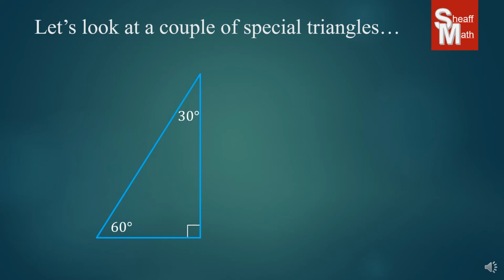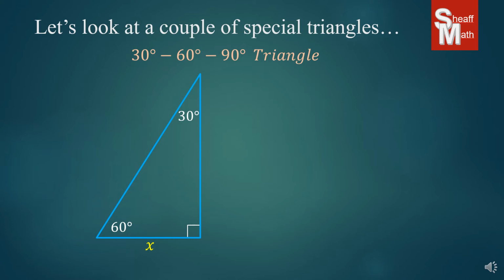All right, here's our next special triangle. This one has a 30, a 60, and a 90. And sure enough, we call it a 30-60-90 triangle. This one also has an interesting relationship between the sides. Whatever the small leg is, we'll call it x.